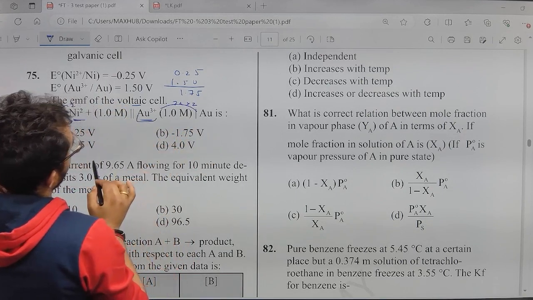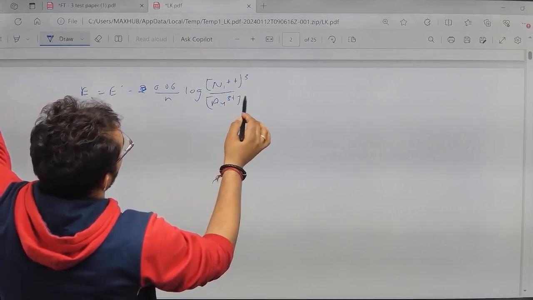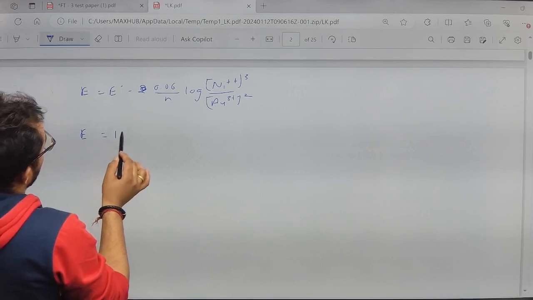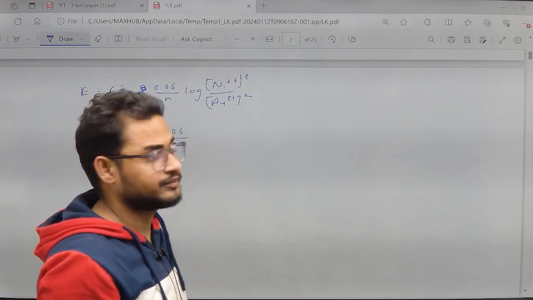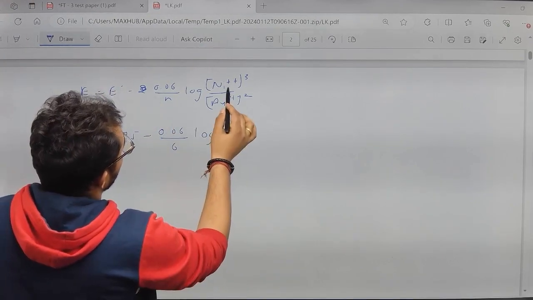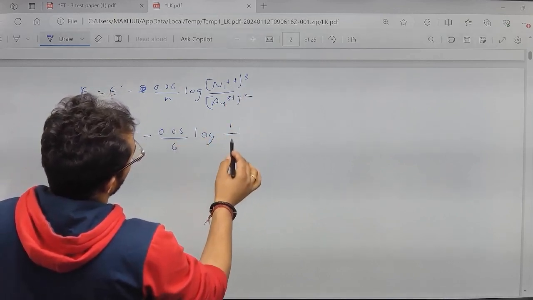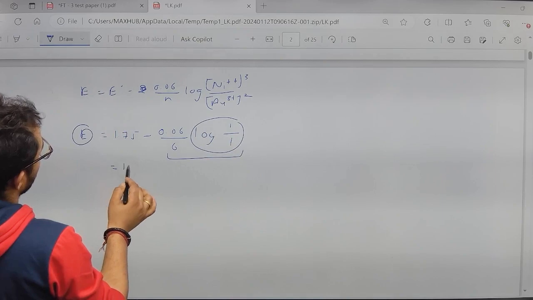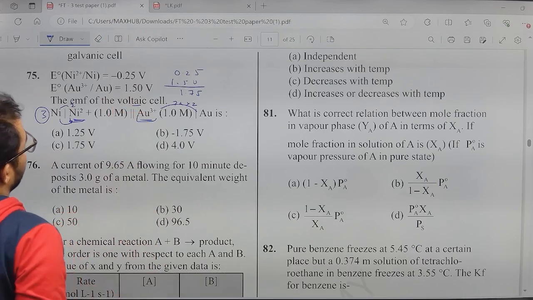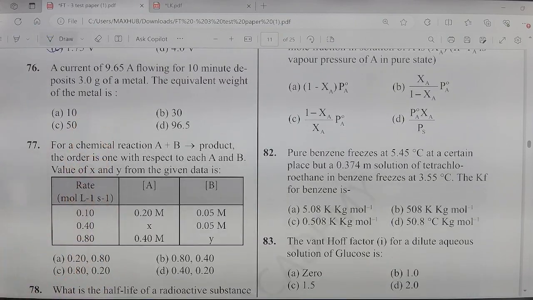So 2 Au3 plus and 3 Ni, giving Ni cubed and Au squared. E is 1.75 minus 0.06 upon n, where 6 electrons are involved. The concentration of Ni2 plus is 1 and of Au3 plus is 1, so 1 cubed is 1 and 1 squared is 1, log 1 is 0. So E will be equal to 1.75, the right answer for this question. The answer is C.